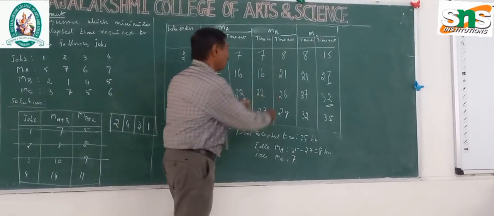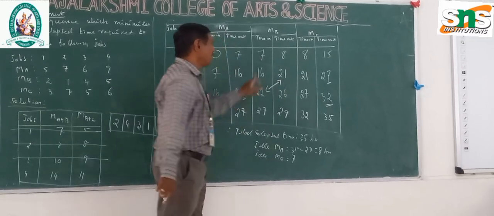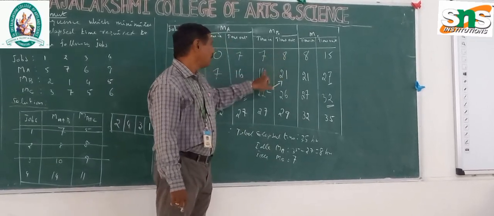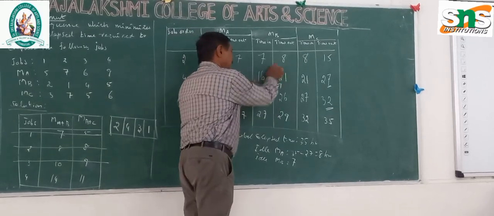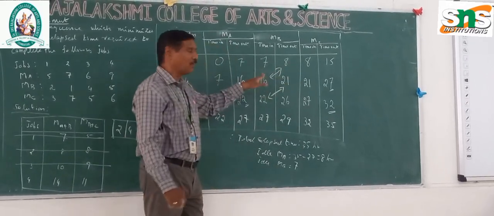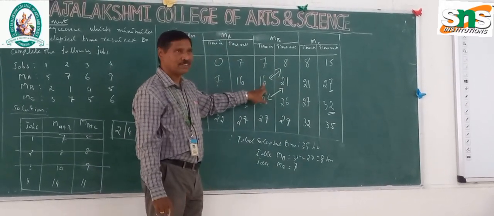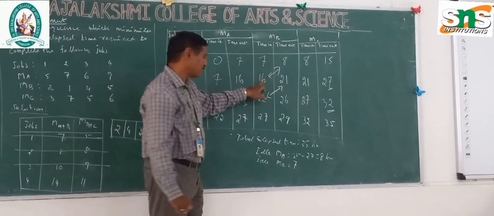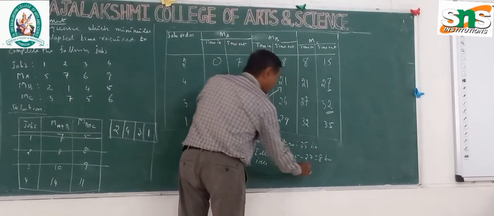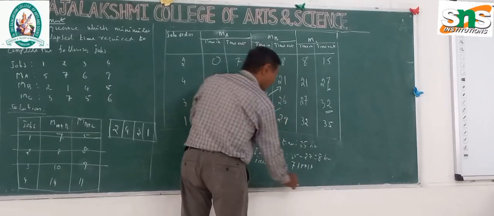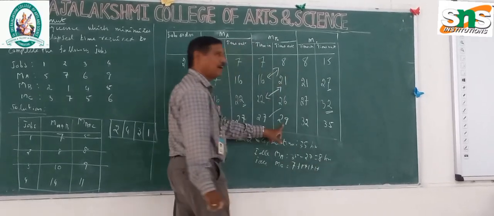But here, 7, 8, we start the work at 16, so after 8 hours, that is at 16 hours, the work will start. After 8 hours, it takes rest. Therefore, 7 plus 8, plus here 1 hour rest, and again here 1 hour rest, and then at 29 the work is completed.